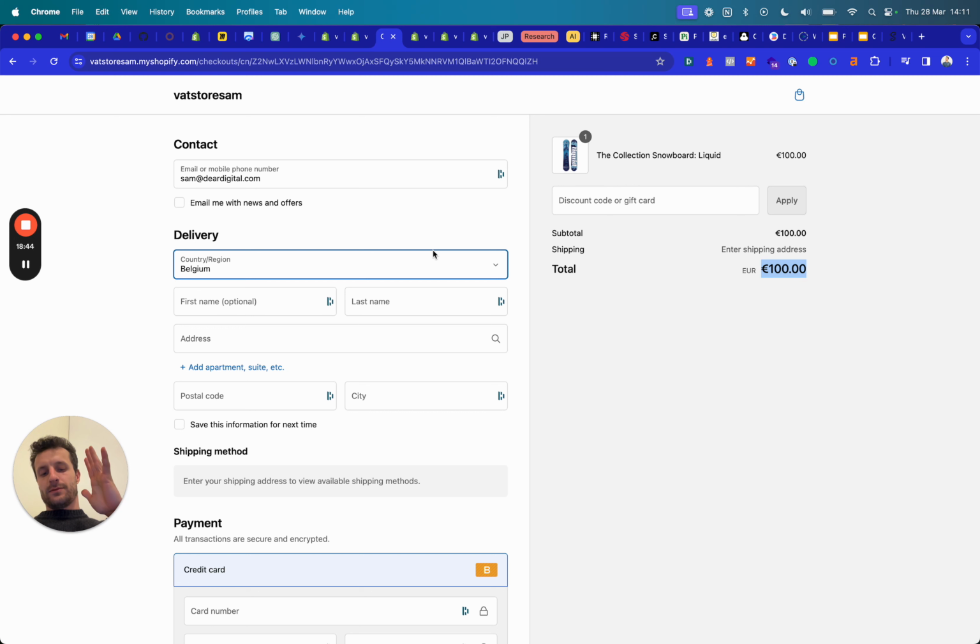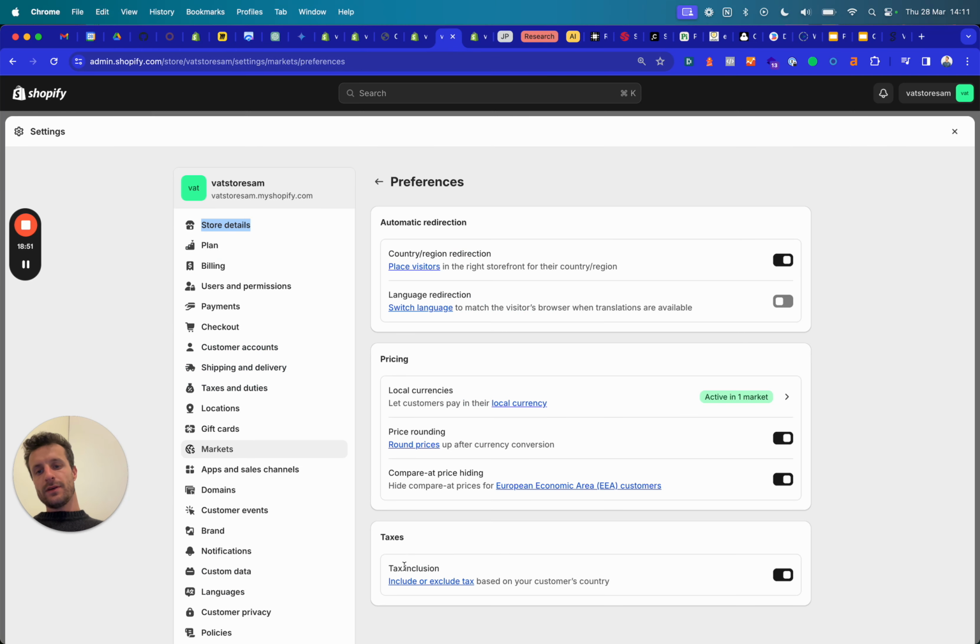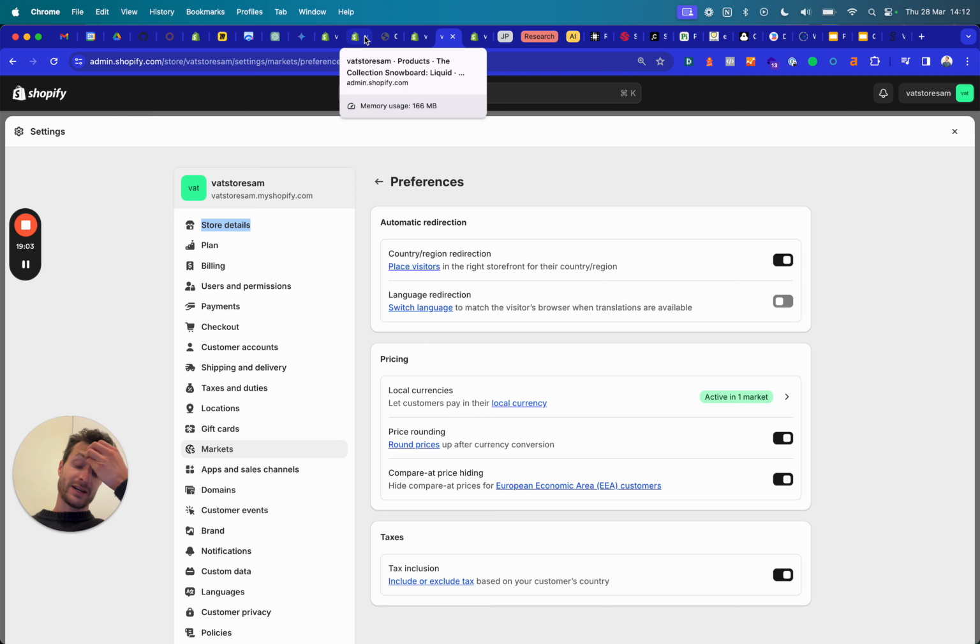On the one hand, we add prices to Shopify including VAT, and we check the box tax inclusion. In this case, we will sell at the local VAT amount pricing, and B2B customers will be charged prices without the VAT, so 100 euros in this case.